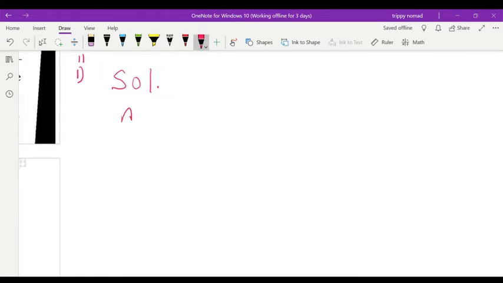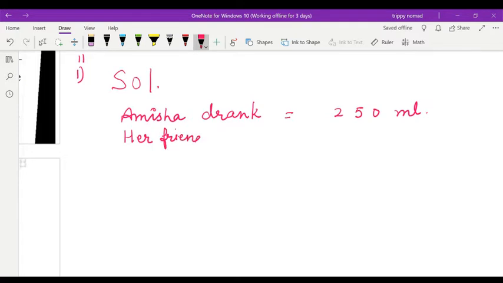Amisha drank how much water, children? 250 milliliter. And her friend drank 150 milliliter.